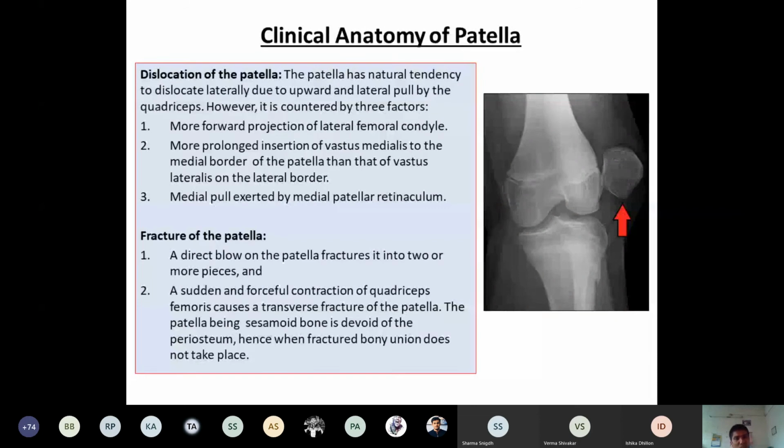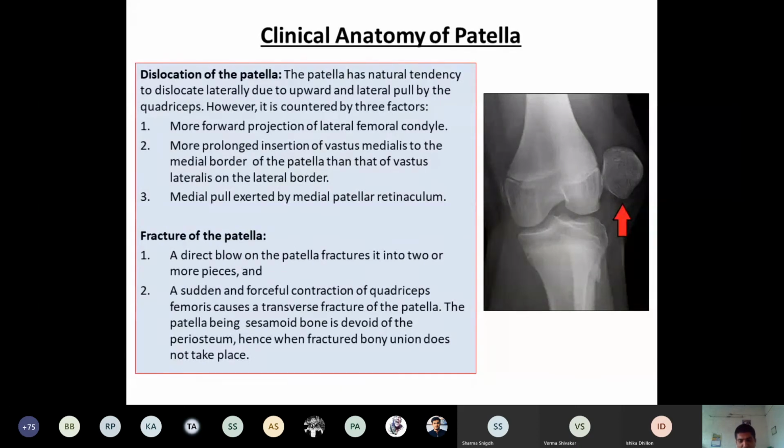Now the clinical anatomy of the patella. There can be fracture of the patella, and as you know, the patella is a sesamoid bone, and it is not covered by periosteum. So if there is a fracture of the patella, since the periosteal covering is not there, there will be difficulty in healing, because in the periosteum there are blood vessels as well as osteogenic cells.